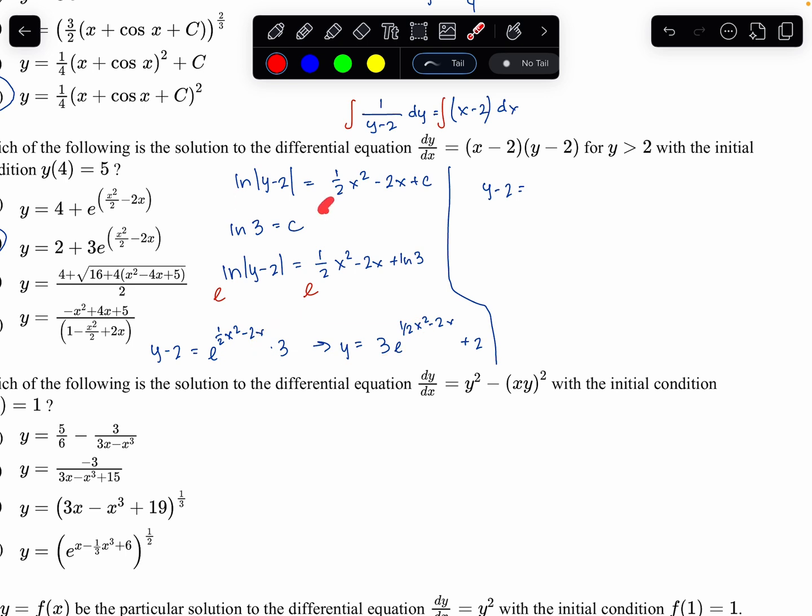If I'm using an e here, if I exponentiate, yeah, I'm going to do the same thing here. So e to the 1/2 x squared minus 2x times e to the c power. You can tell that I don't often do it this way, huh?